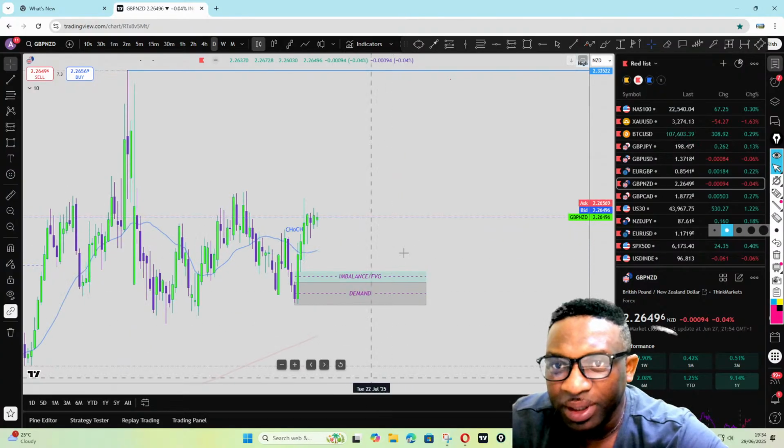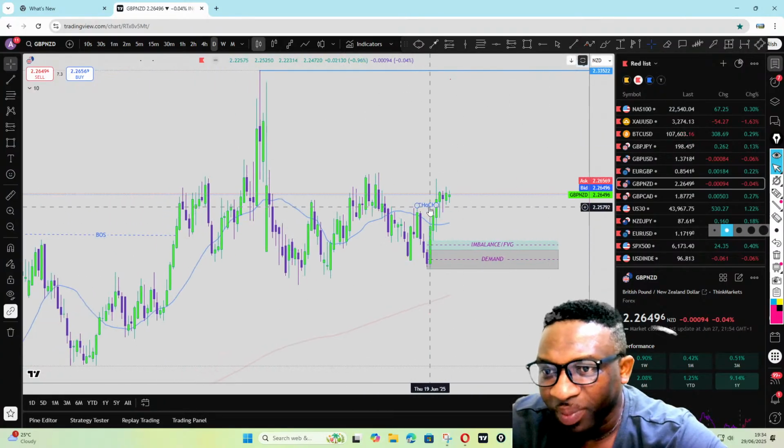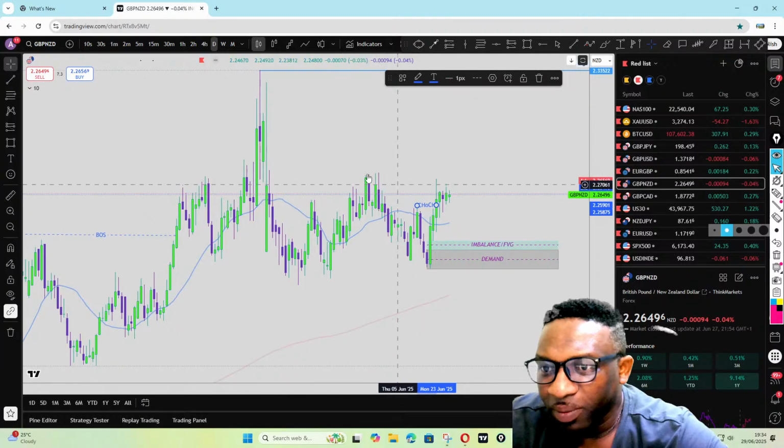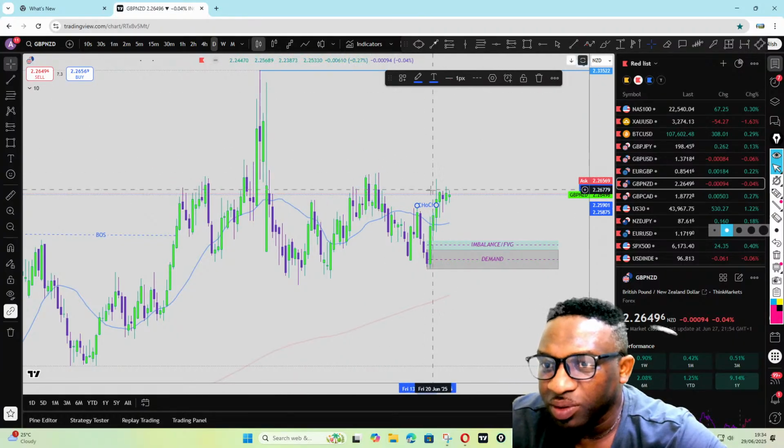So on the daily time frame, let's say this is a break of structure, because we expect this should be a break of structure. Let's take this one here.